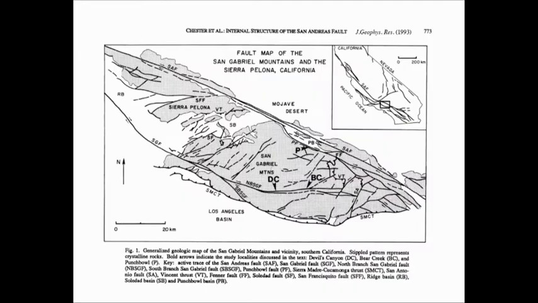Now, just to emphasize the thinness of fault zones, here's a picture of most of California, or at least the more southern part. And this box corresponds to the big box that you see here. We're seeing here the San Andreas fault, plus a number of other faults of that same system.